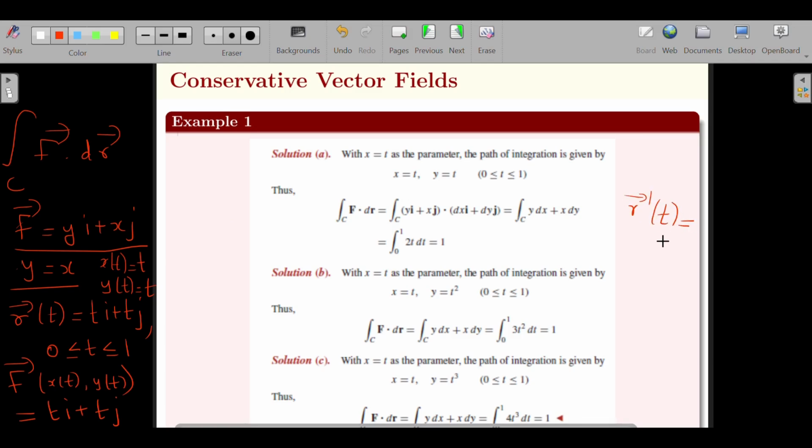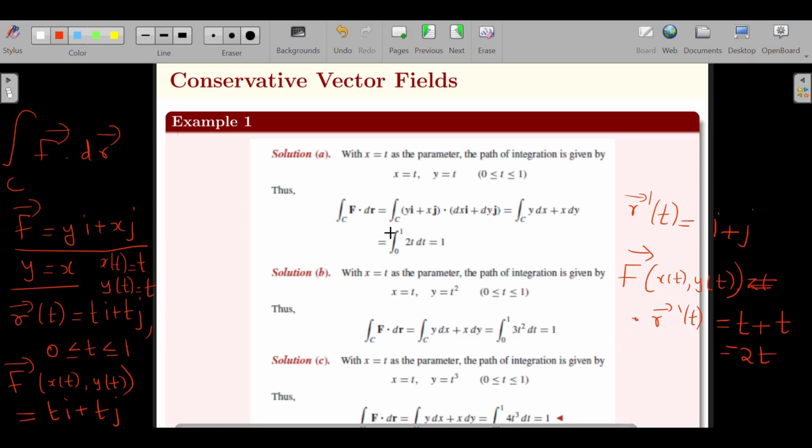What is r dash of t? r dash of t will be i plus j. Now we have to take the dot product, F of x of t, y of t dot r dash of t. This will be equal to ti plus tj dot i plus j. So this will be equal to t plus t, that is 2t.